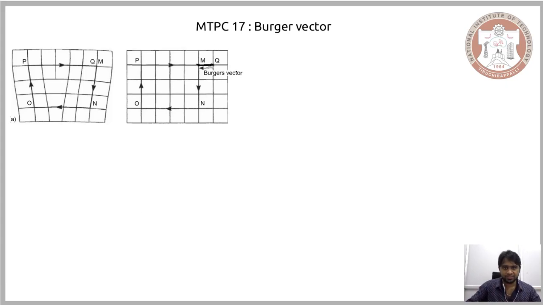If you consider a simple cubic unit cell, and as we have seen, this is along the 100 direction, the Burgers vector is the distance between these two. So this is nothing but the dimension of the unit cell, just the distance between two lattice points wherein you have the positions of the atoms.